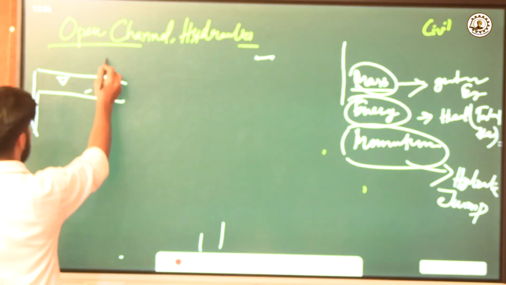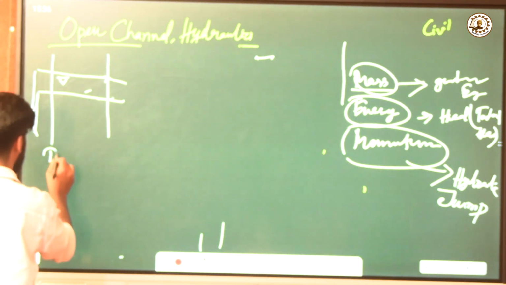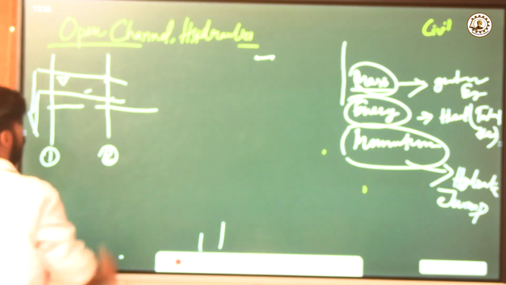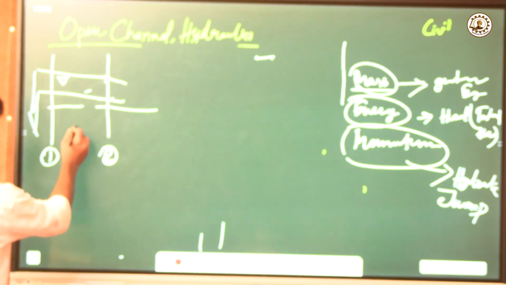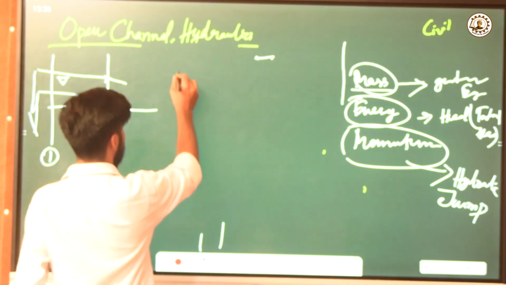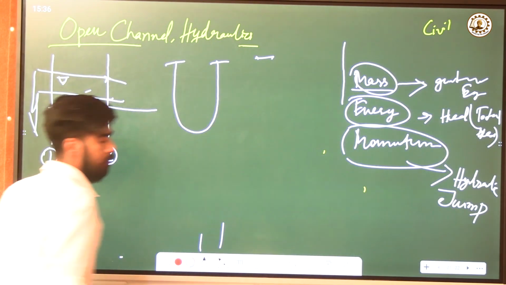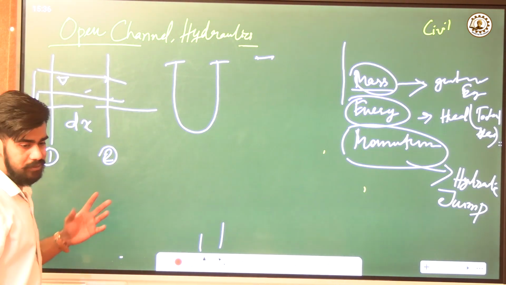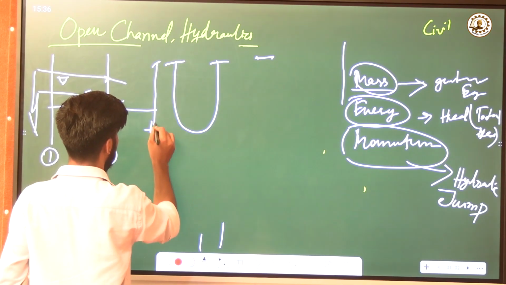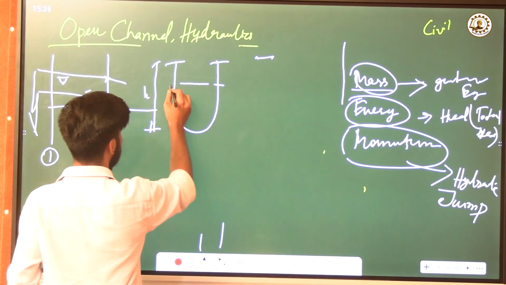Now, if we think of two sections of the channel, like this, this is the dx, and we imagine the cross section of the channel between the sections, so that thing becomes our H if the flow depth is this.